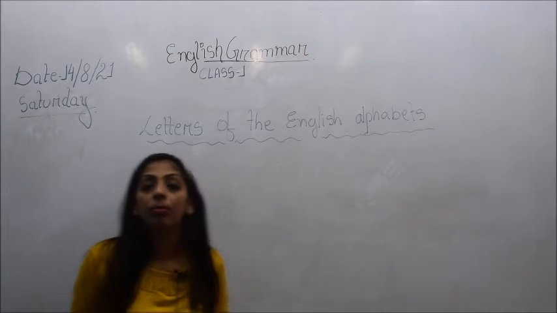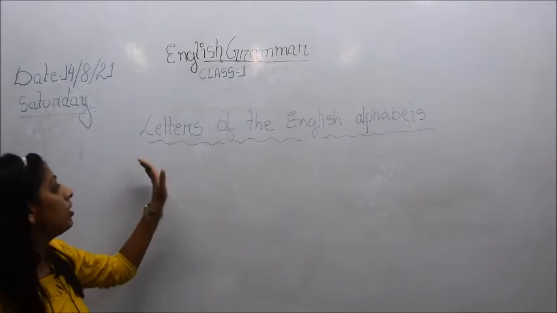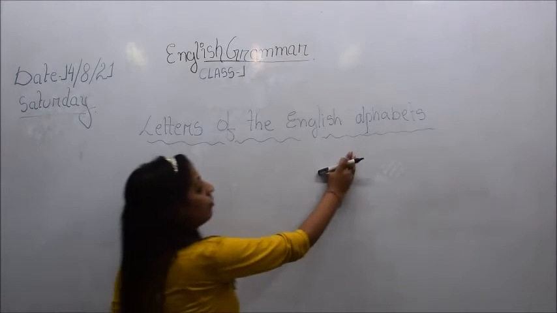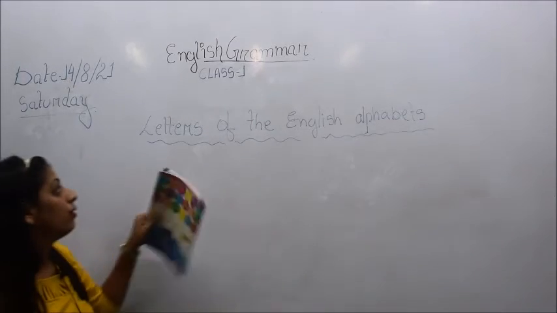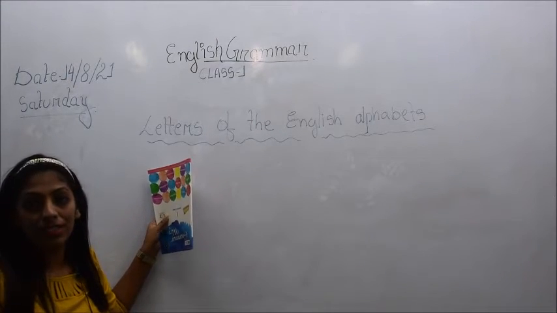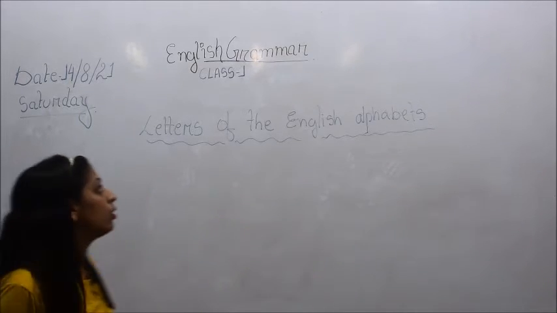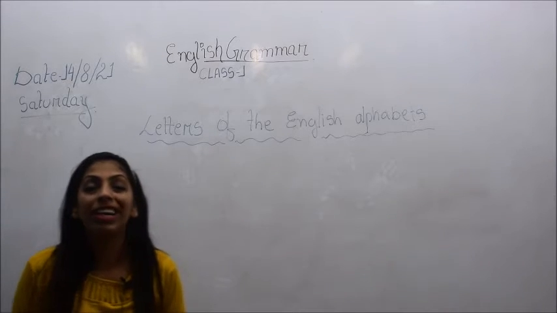So children, before going through the lesson, we will just see what letters are and what the alphabet is. When I say letters, what do you understand by the word letters?